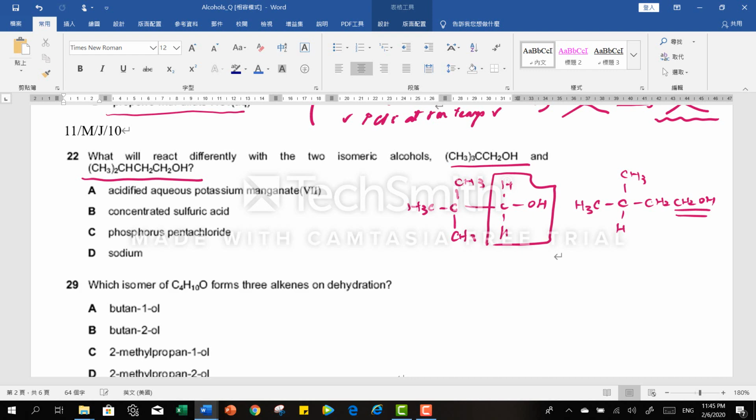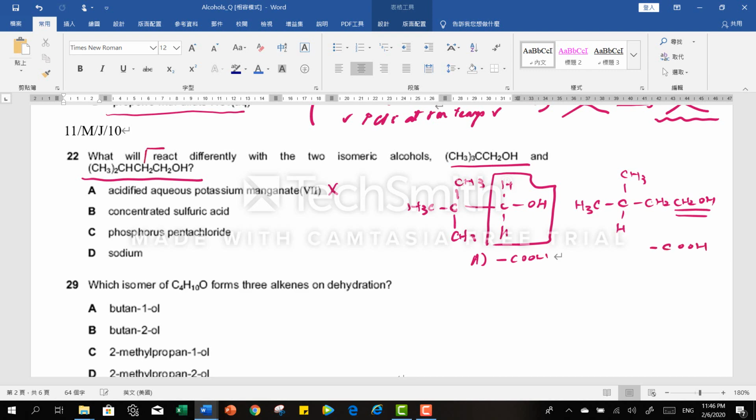Look at this: acidified aqueous potassium permanganate. This is not the answer because both of them will change this group to COOH, so they react in the same way.